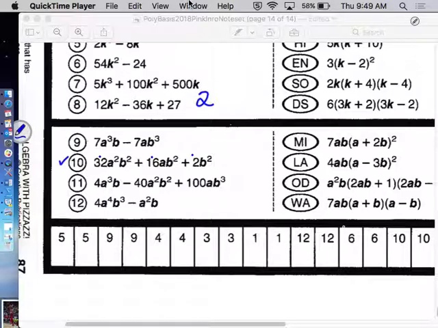And then analyzing the variables, the only variable that they all share is b raised to the power of 2, b squared, b squared, b squared. So if I remove or factor out 2b squared, then what's going to remain behind is going to be 16a squared and 8a.